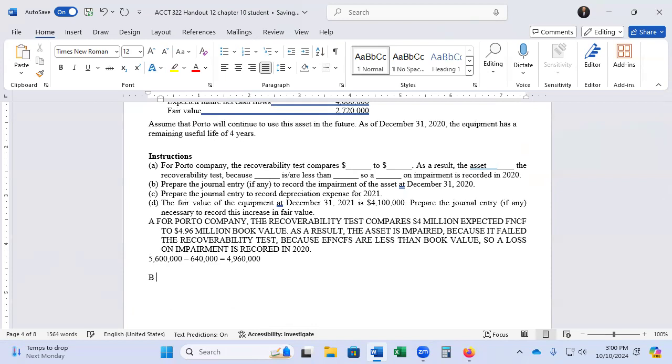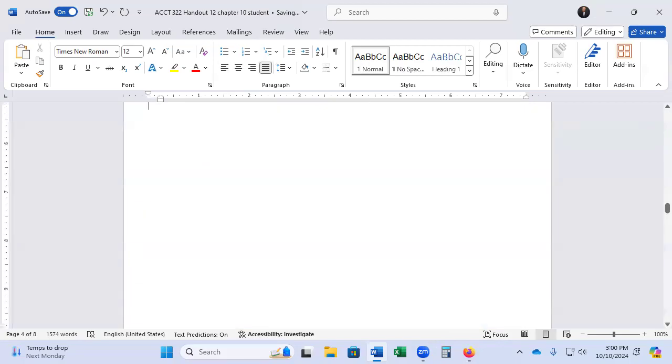B says, prepare the journal entry. So we have to calculate the loss. We compare book value, 4.96 million, to fair value. Our fair value number is 2,720,000.